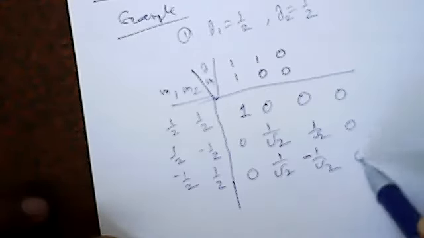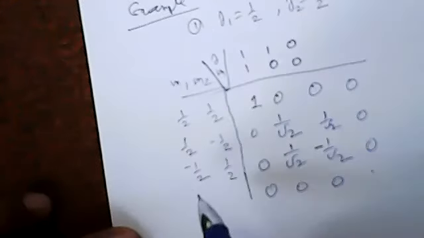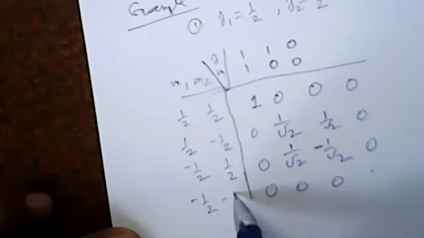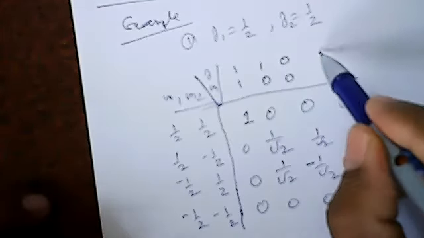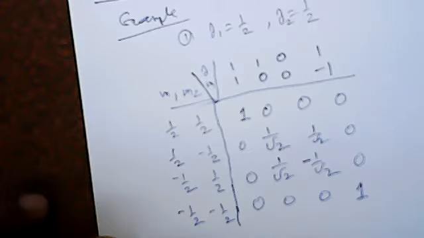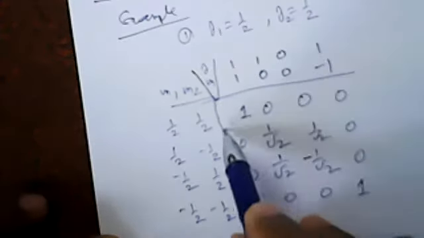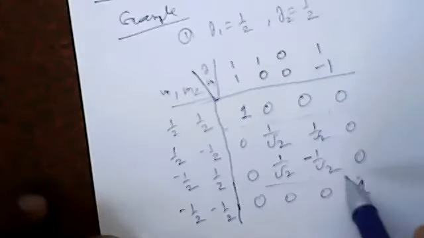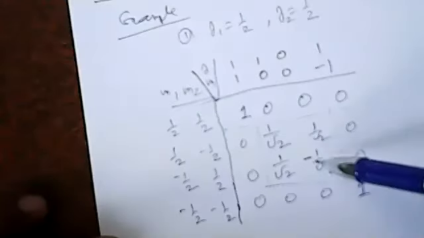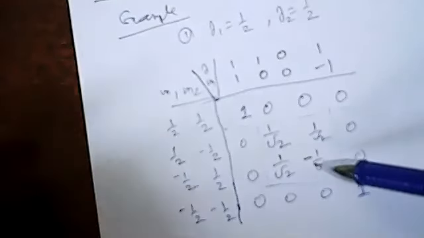The last one should be J value 1, M value minus 1, and corresponding to that, it will again be 1. So these are the rules. See this: a 1 by 1 matrix, a 2 by 2 submatrix, again a 1 by 1 matrix, and this will be minus 1 by root 2.